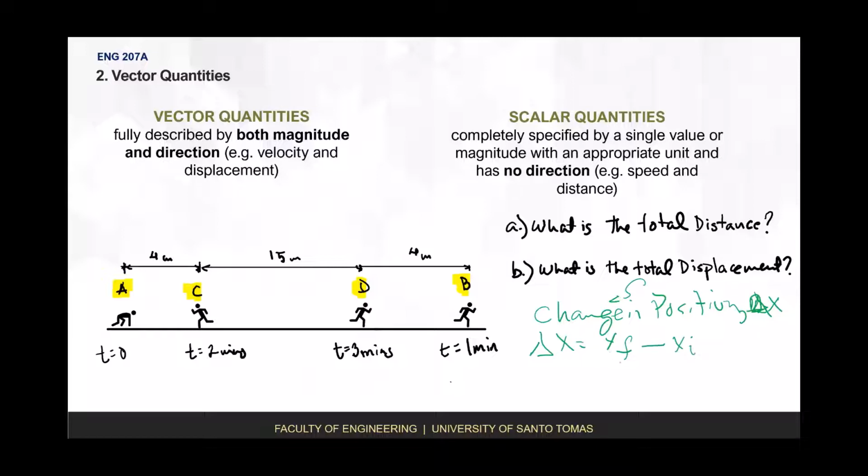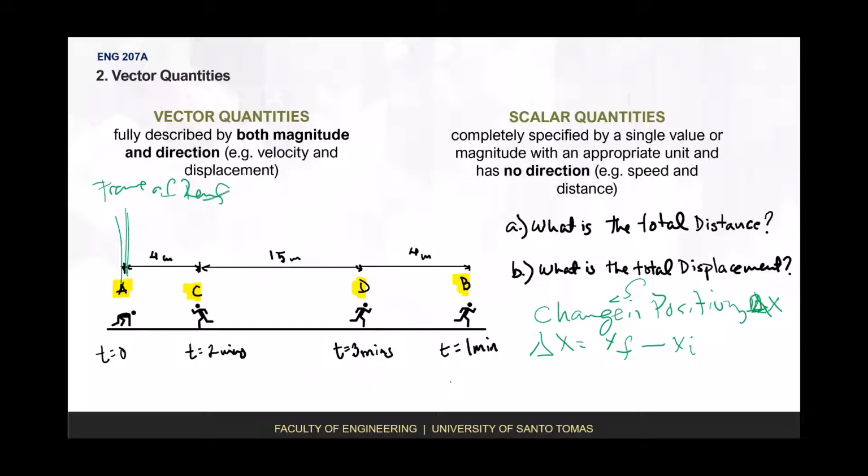So x_f, your final position, is D. You just measure it from the point of origin, or what we call the reference point. Most physics will use a frame of reference.